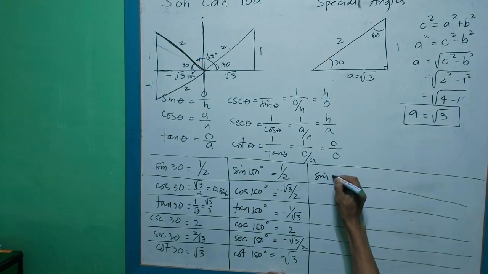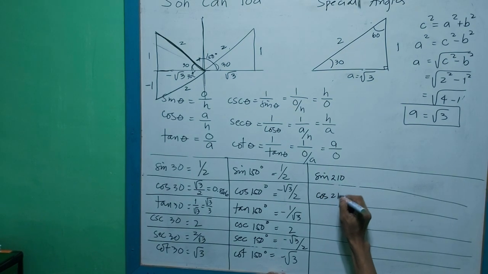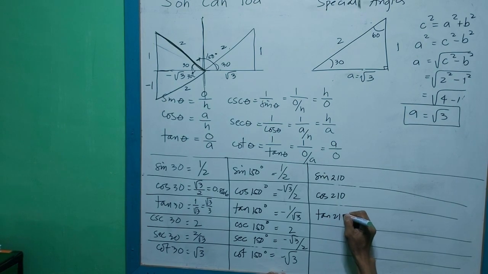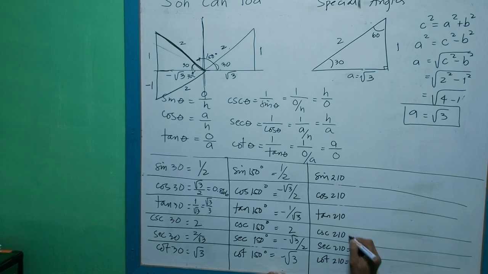Sine of 210. Cosine of 210. Tangent of 210. Cosecant of 210. Secant of 210. And then cotangent of 210. Okay. So, yan. Yan natin.